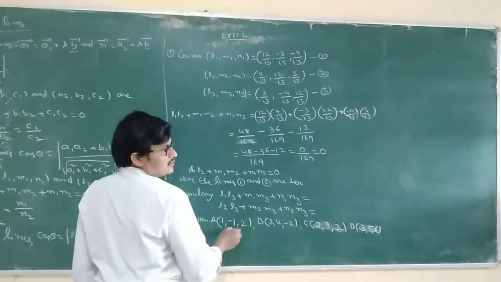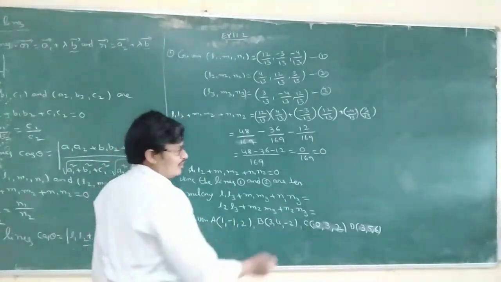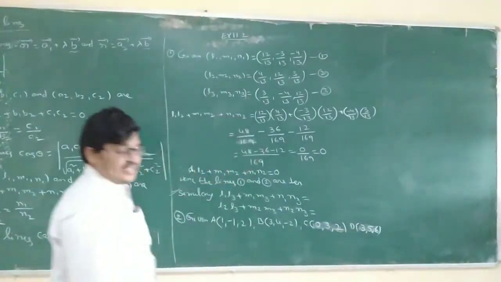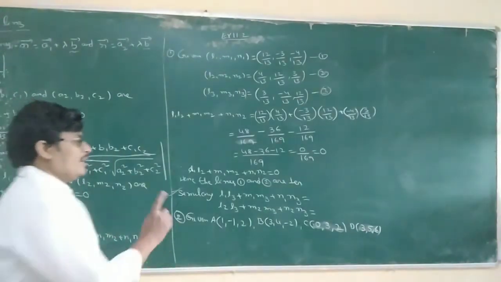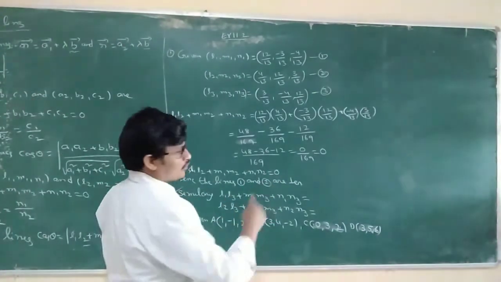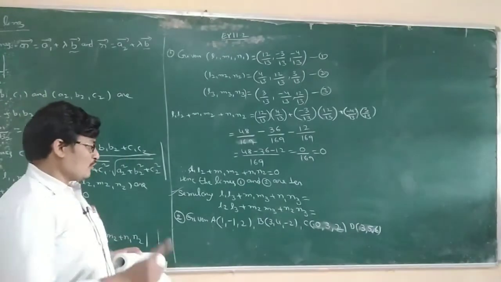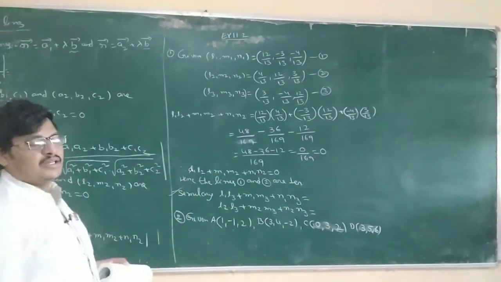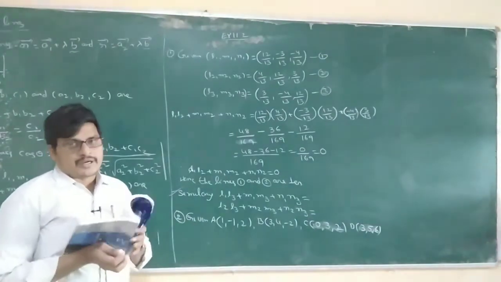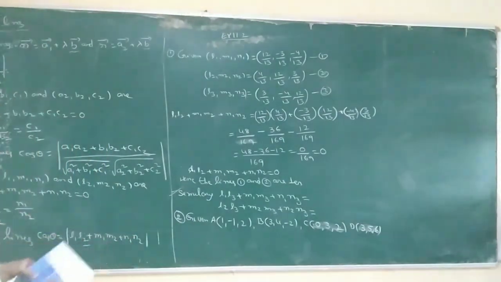AB is one line and CD is another line. Show that AB and CD, these two lines, are perpendicular. So we have to prove perpendicularity.